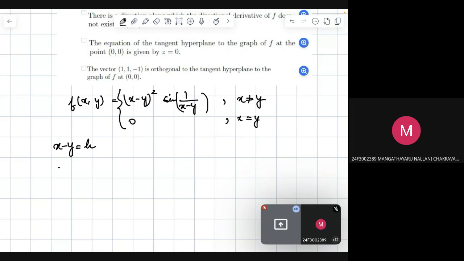So here we are taking x minus y equal to h because we are going to take the small change and we are going to see it for the case of x minus y is equal to h. And when that happens, what is the value of f? The value of f is h square sine 1 by h, right? And limit h tends to 0.